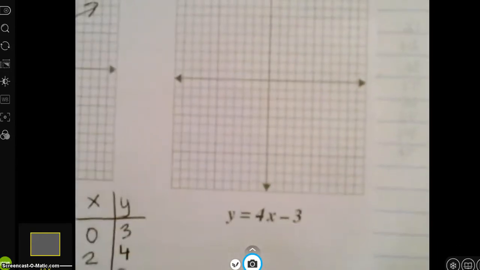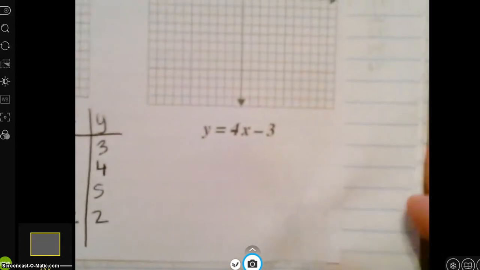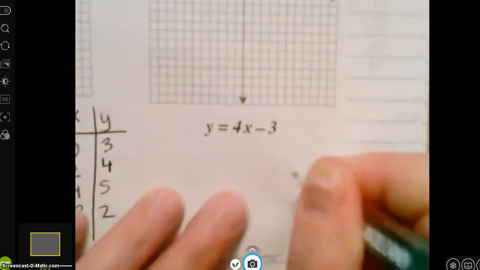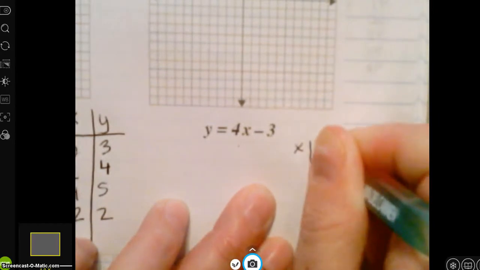Now, last problem. This is kind of what I want us to make sure we can do today, which is create a table and graph from an equation, okay? Create a table and graph. So, remember, like last time, we do x, y.